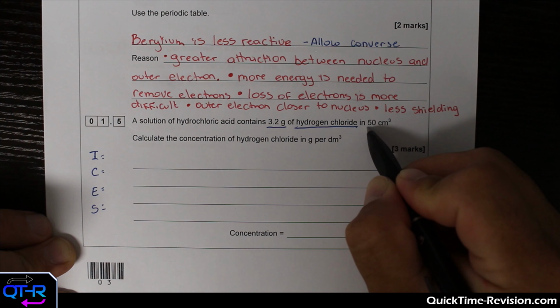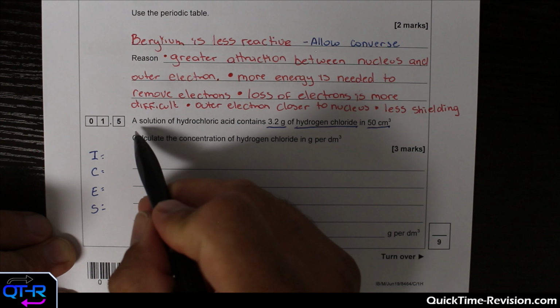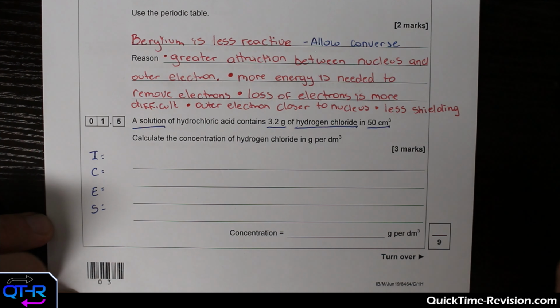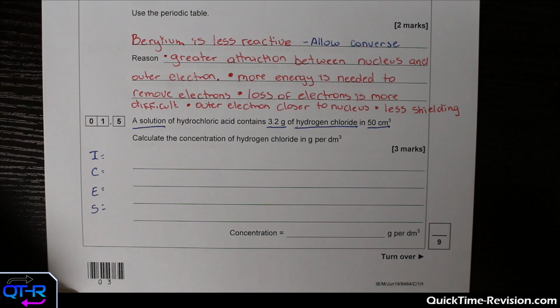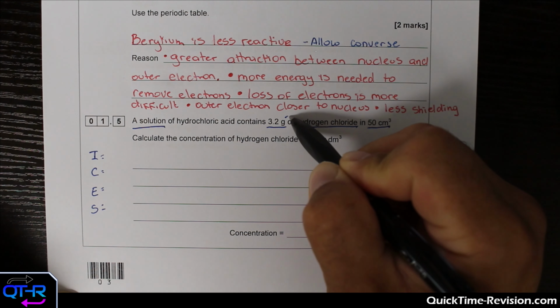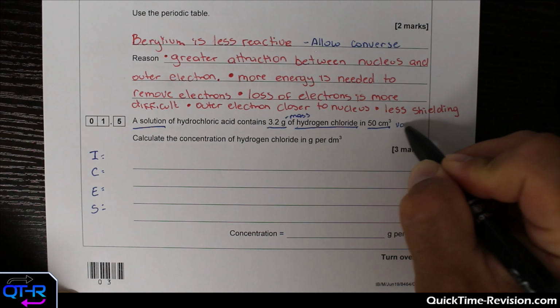We know that there is 50 centimeters cubed of solution. Remember, any liquid that has a solid dissolved in it makes a solution. And we know that this here is mass and this here is volume.